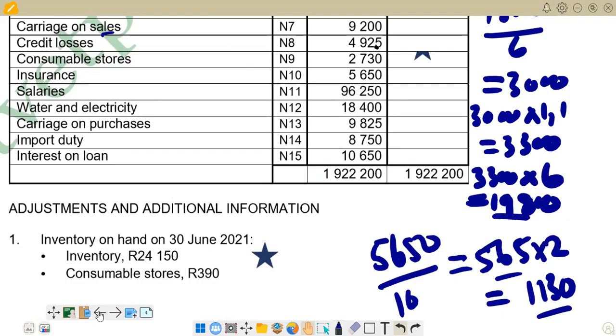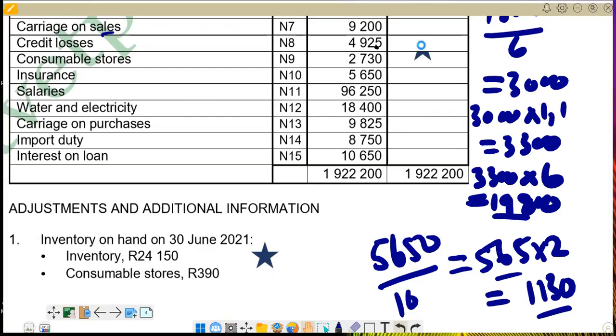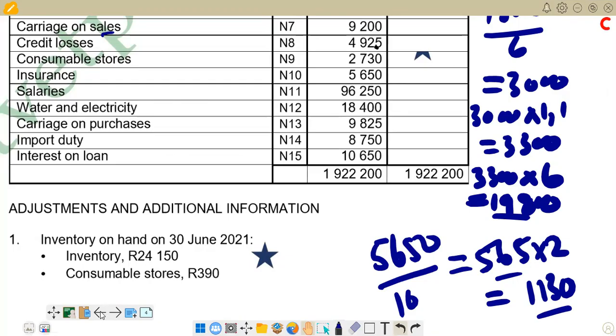So we go back there to the section that we have for, let's try to go back there.